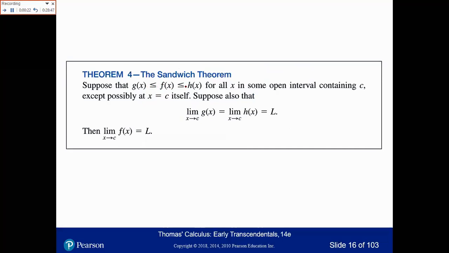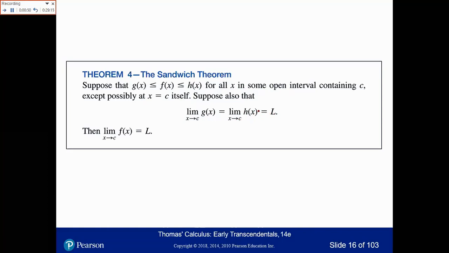It will always be less than h of x for all x's, right? If that's the case, then we can say that if we are taking x equal to c, we suppose that limit of g of x as x goes to c equals limit of h of x as x goes to c, equal to L. Okay, what does it mean?